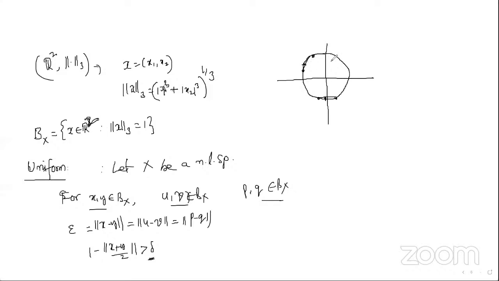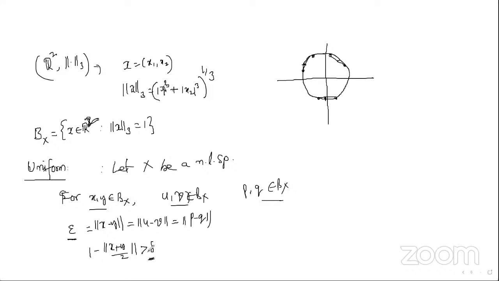Here also the gap should be delta. So irrespective of my pair, wherever I choose on the boundary, if the pair distance is epsilon, then the midpoint is at least delta away from the boundary. If I get that uniform delta, we call that space a uniformly convex Banach space.